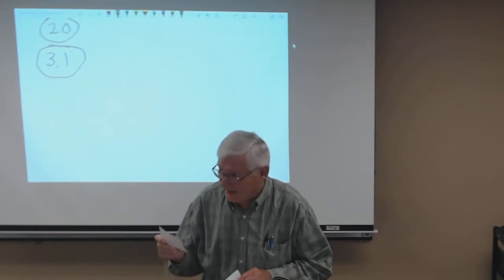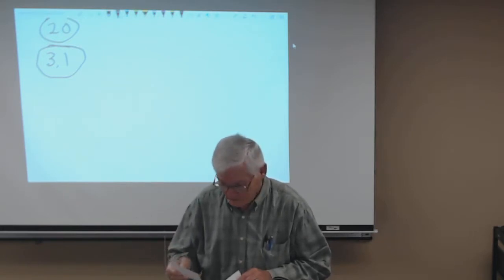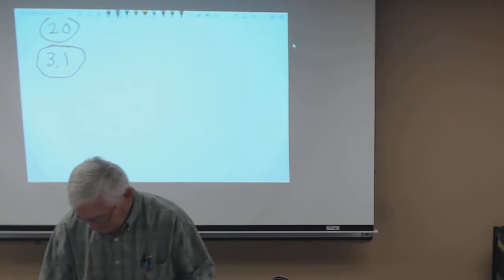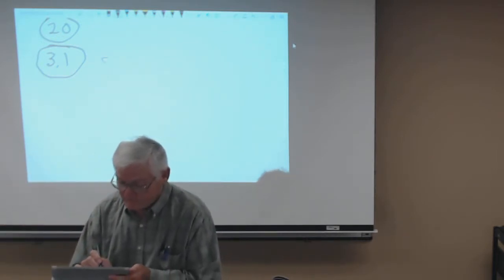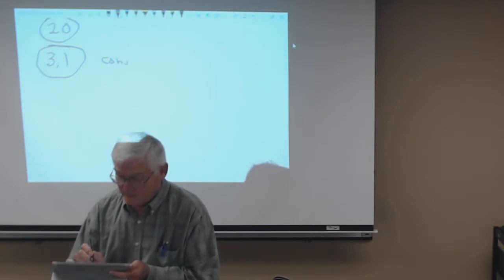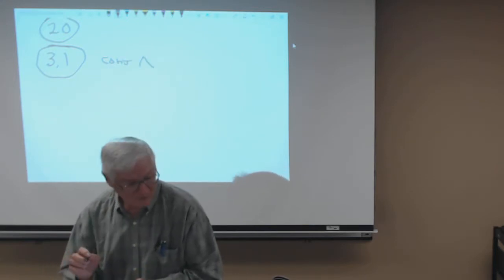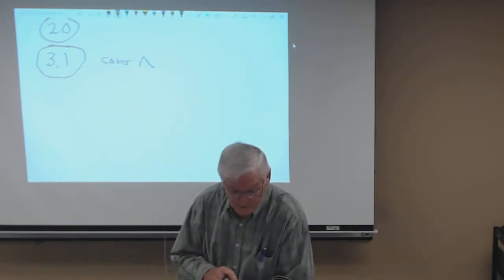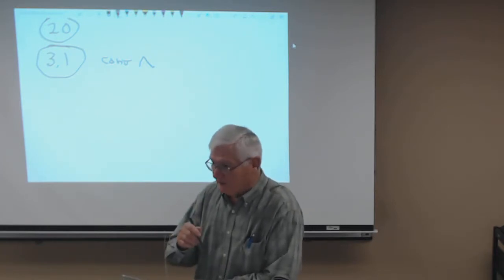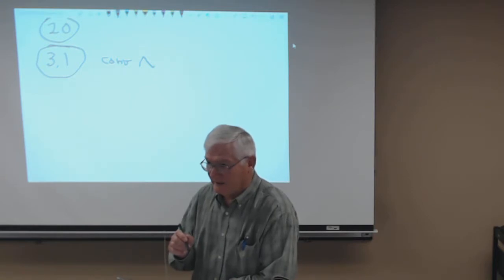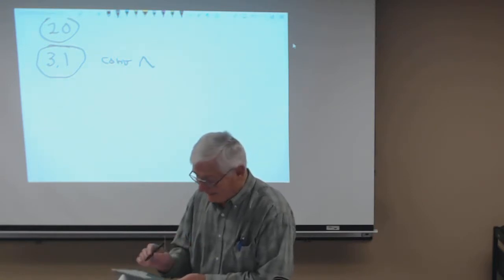And the first thing you write is conjunction. And what does conjunction mean? And what's the symbol? From the past chapter, what does that symbol look like? And. That's and.